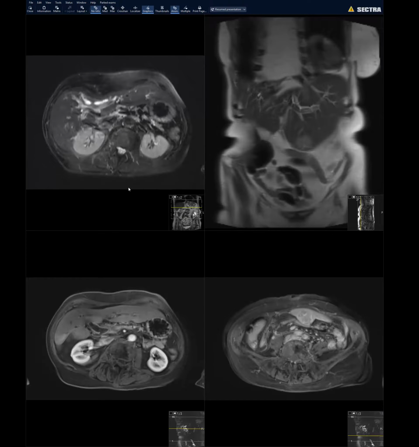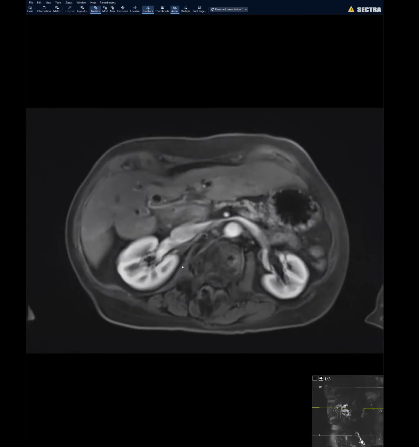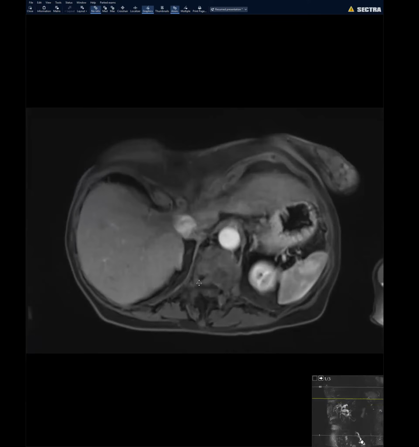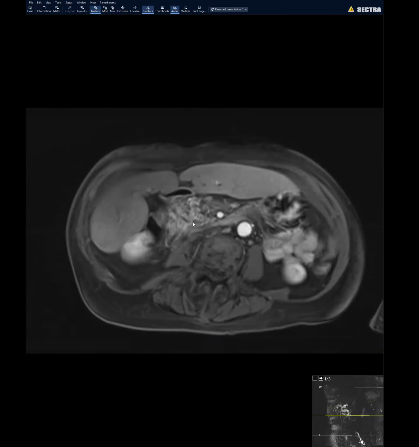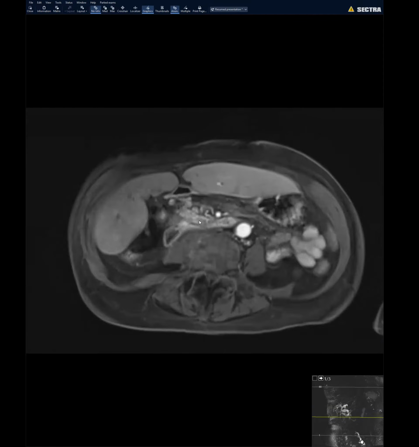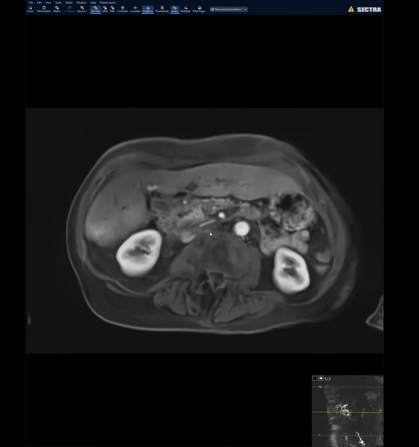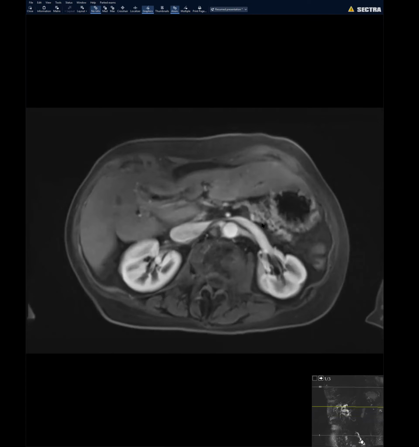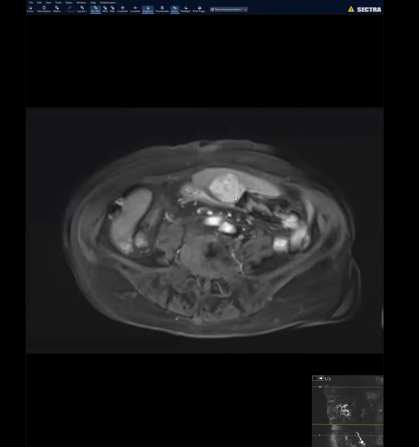So this was a 79-year-old female with a recent diagnosis of pancreatic cancer, and this was for initial evaluation. So changes of chronic pancreatitis. I think they did an FNA and got malignant cells, but I really couldn't see any measurable mass in the pancreas, it's just for evaluation.